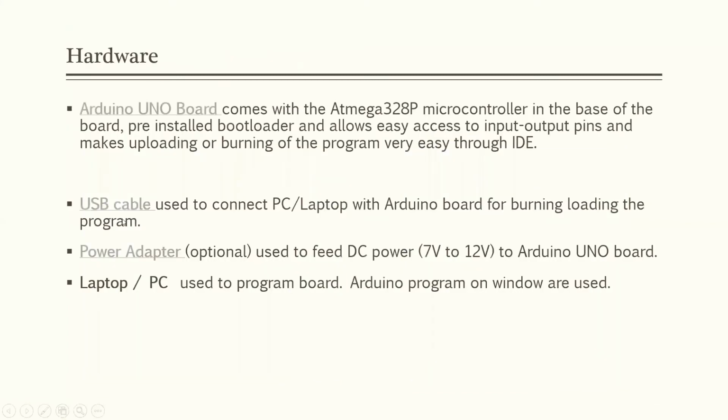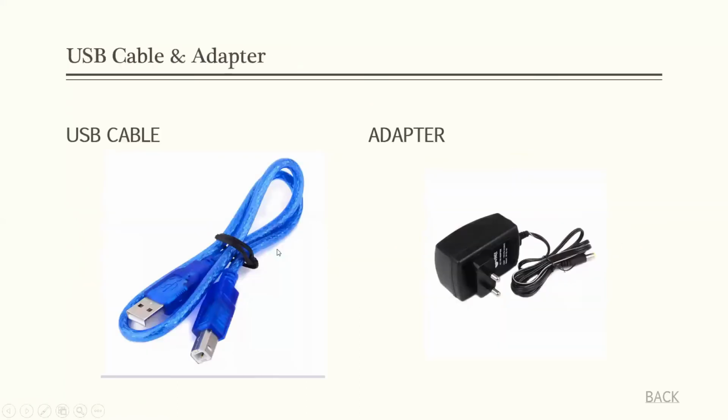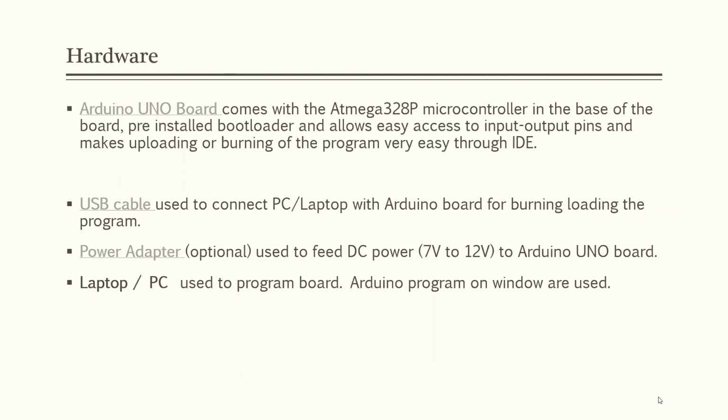Then another hardware required for programming is a USB cable. The USB cable comes like this, where one side has a standard USB connection and the other side is USB compatible with the Uno board. And an external adapter is optional. You can use it for feeding power to the Arduino board.